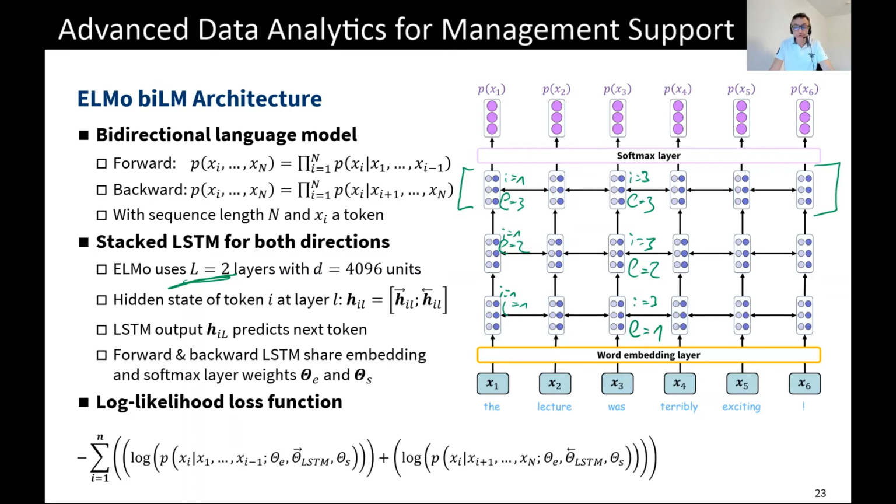The output, the hidden state of the top layer, which is then h_iL with capital L, that's the top layer. So this one here, that's h_iL. From this top layer output, we typically pull our forecasts out of this layer.